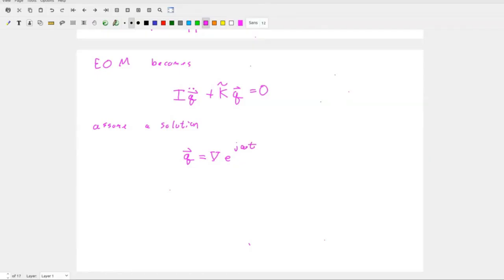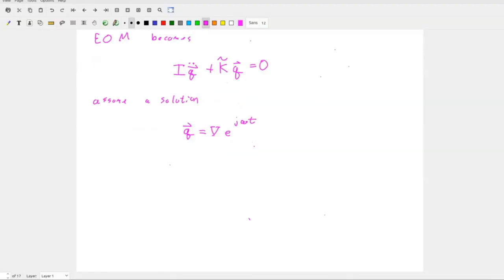Did that look familiar? The little bars on top of the V are to express the idea that it's bold. So let's just toss that back into the equation of motion. Let's not think about it too much. Just take the derivative again, toss it back into the equation of motion.